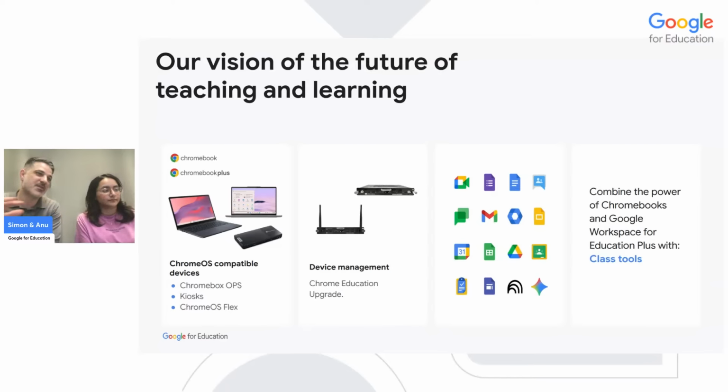If I think about it more broadly, what are we doing on this slide? We're trying to show the example with class tools, but taking a step back, it's about having a unified ecosystem that's simple for you, right? A unified ecosystem across devices, software, and of course, underpinned by safe, secure, and pedagogically sound, best-in-class AI, which is Gemini.